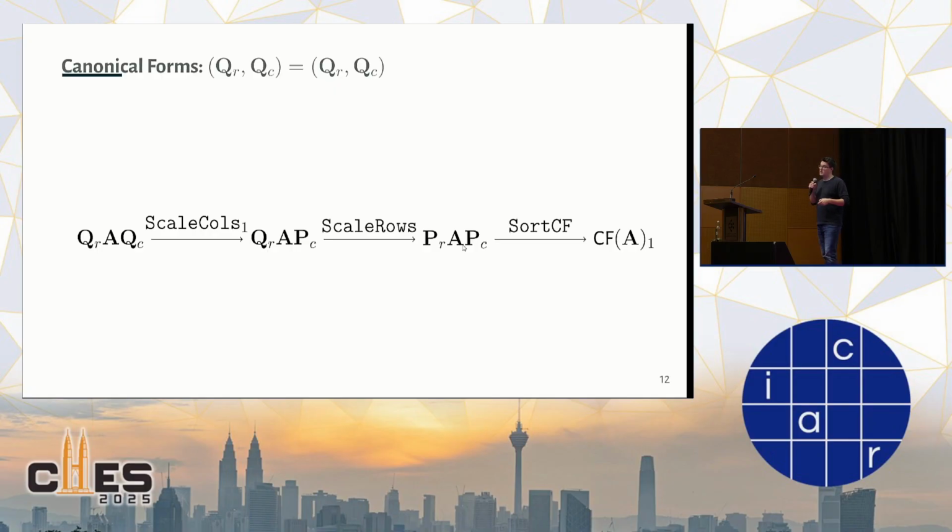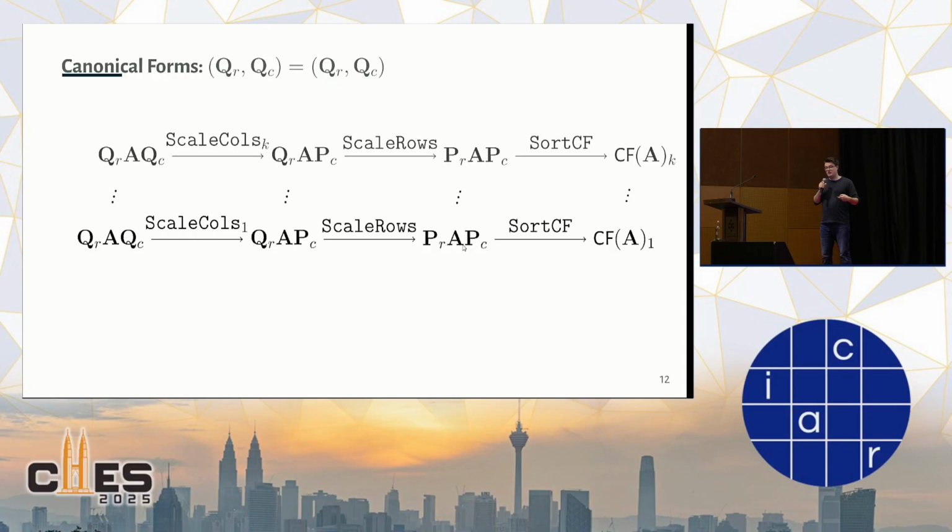And last but not least, we remove the permutations via sorting via the sort-CF function. And uniqueness is attained via repeating this whole computational process for each scaling in the beginning for each row. And then we take the minimum over the resulting canonical forms, and this is going to be unique.